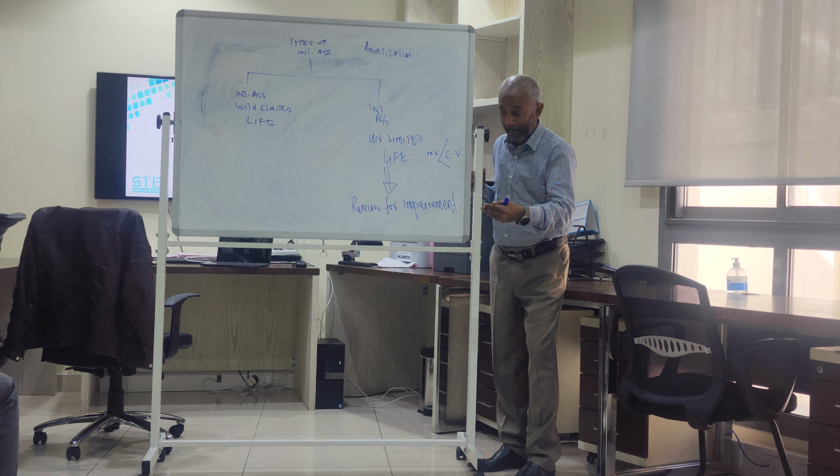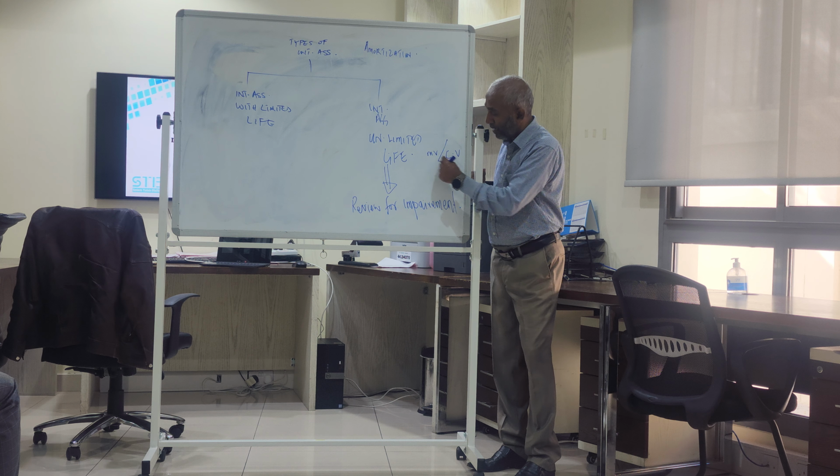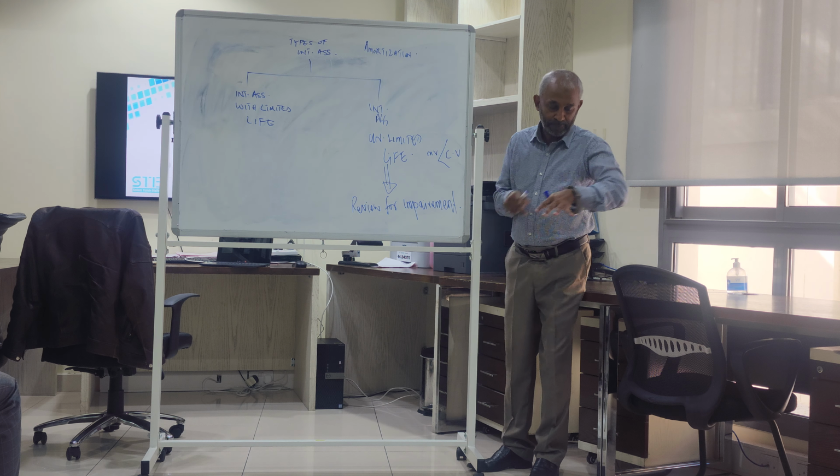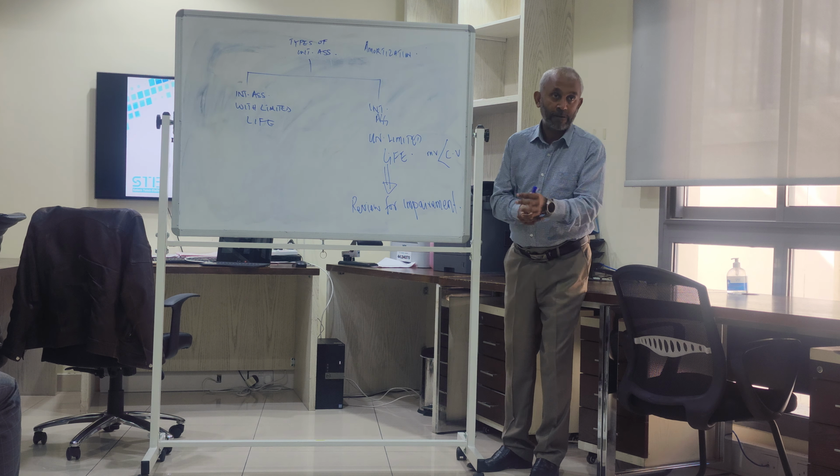We can also say such an asset has been impaired. How to calculate impairment? Carrying value minus market value. Understood?